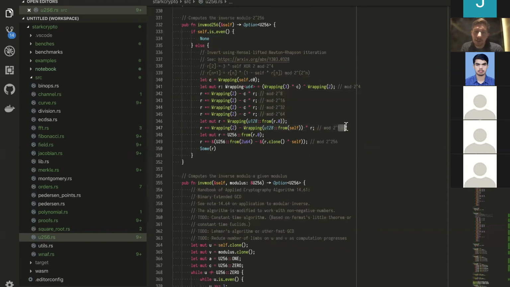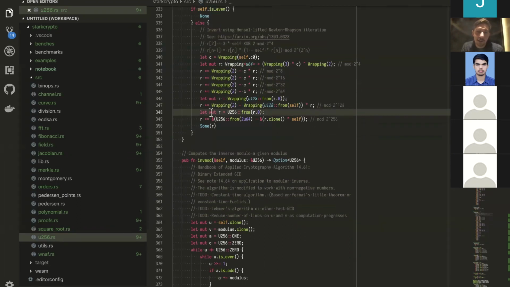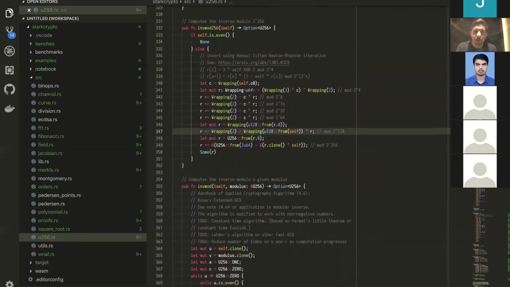We get it accurate to 128 bits. And now we need to do 1 time the same operation in 256 bits. And we have our final result. And the observation here is that you can do inversions mod 2 to the power 256 with basically one multiplication and a couple of just 64-bit operations, which really doesn't amount to much. So that's a really cheap operation if you implement it cleverly.